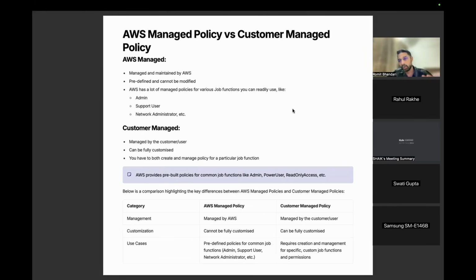So AWS has already created those policies, so you need not create them from scratch. You will create policies only for your particular use case. Otherwise, if it's a very similar use case to what they have put, you can use those policies directly. And then you will have customer managed policies, whatever is respective to your use case. That's typically the difference between the two policies.